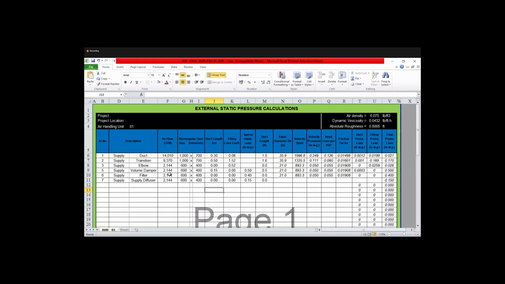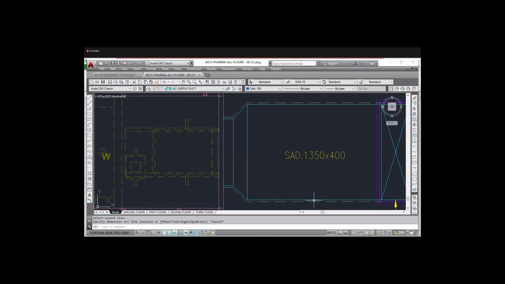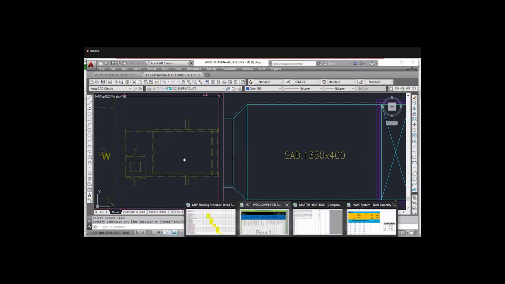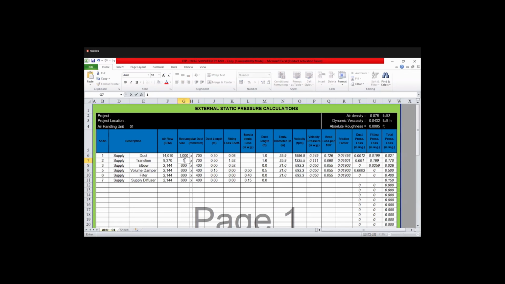Same we have to calculate then for the straight duct. So what is the straight duct size? 1350 by 400. So we have to mention here 1350 by 400.